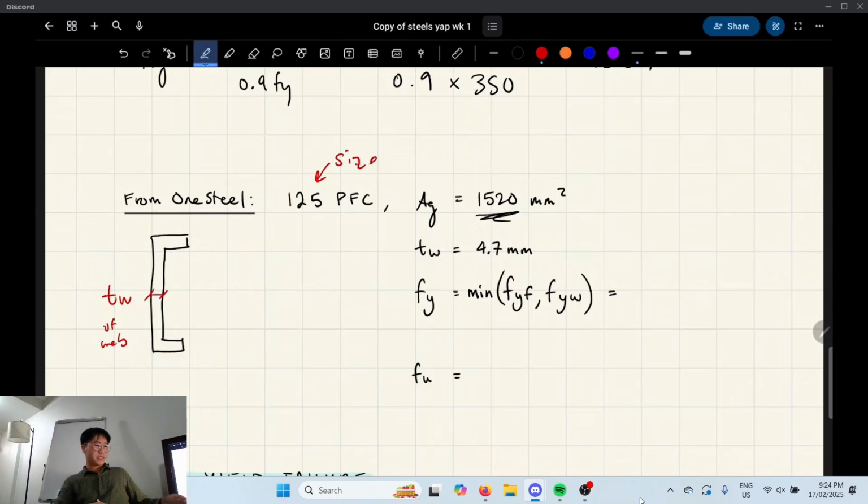So when we go on One Steel, it's going to be called a 125 PFC. On the table, across the row, you'll find the gross area and the thickness of the web, which will be important. Can you predict why it's going to be important later? Because how thick it is depends on how strong it is, and it affects the area. A little bit, but we already have the area, so why would the thickness of the web specifically matter? Does it change the area of the flange?